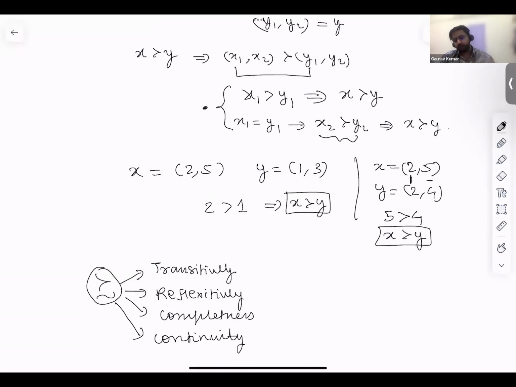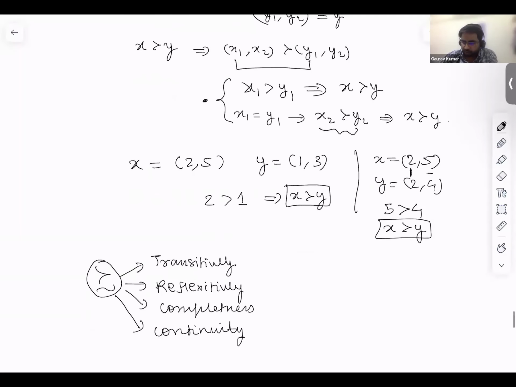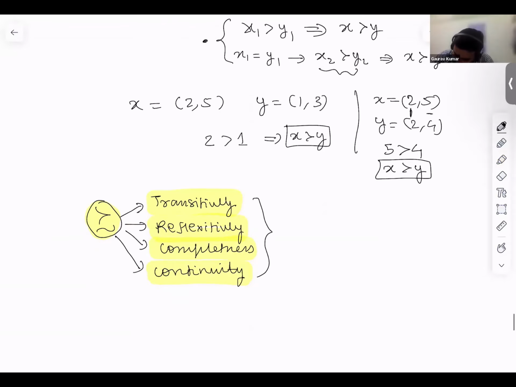There are other properties also which you don't need to get into. For background, just remember that any squiggle which represents a preference has these properties: transitivity, reflexivity, completeness, and continuity.